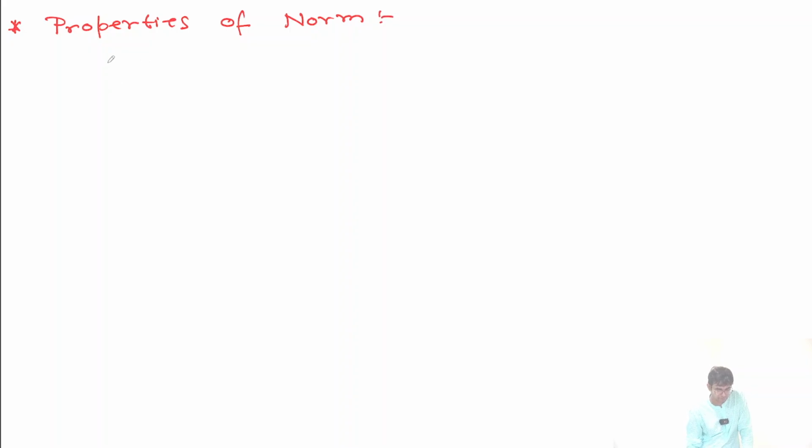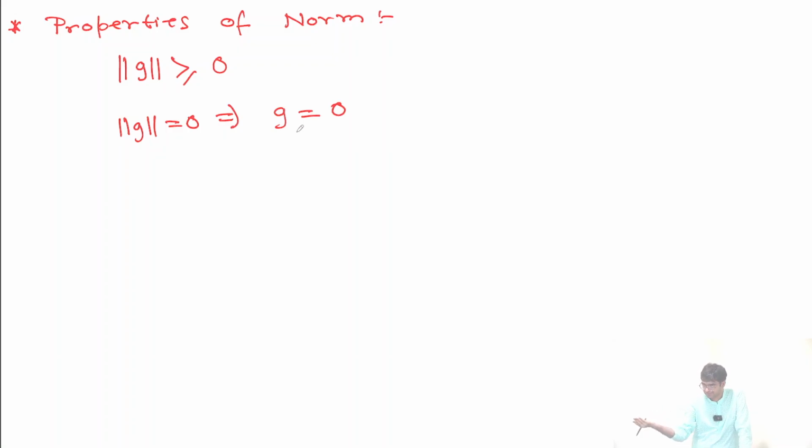So the first thing is that the norm of a function G is always greater than or equal to 0. Norm of a function G equal to 0 implies that the function itself is equal to 0, right? Because square of a term, it cannot happen otherwise. Third one is norm of mu G is equal to mod of mu multiplied by norm of G, right?